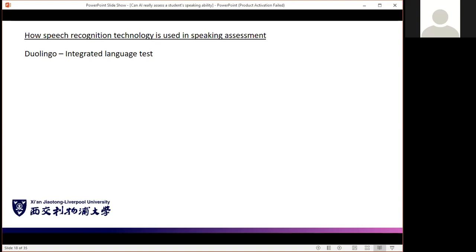If you don't know the language, it goes to the front of the queue and you're reminded about it more frequently. If you know it, it goes to the back and you're reminded about it less frequently. So it's an automated system of language learning. And they brought in this speech recognition technology to enable work on pronunciation. And an extension of their work in language learning devices is their integrated language test.